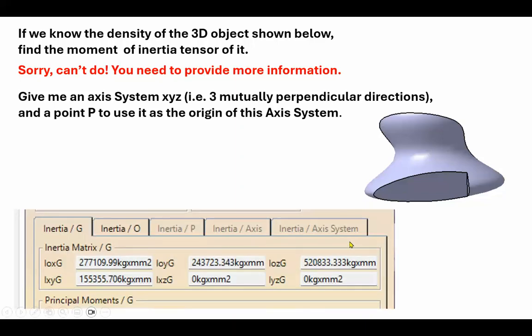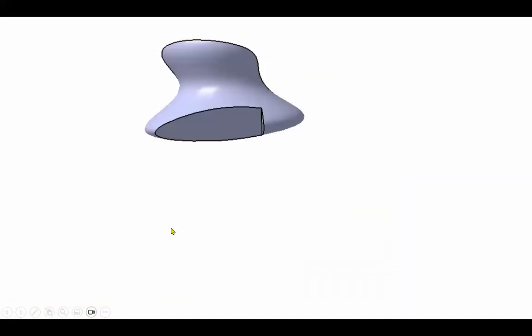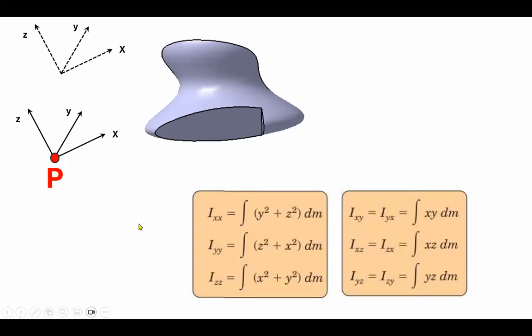So in this particular setup, let me go back. You can see that these things were not activated, but I will in the present exercise, and we'll move on. So we need an axis system, we need a point, and as soon as I specify the point, it means that the axis system is originating from that point. Now you can go ahead and calculate the moment of inertia and product of inertia.